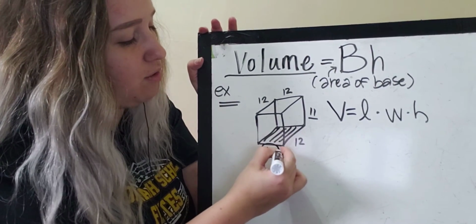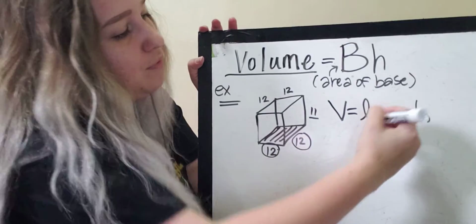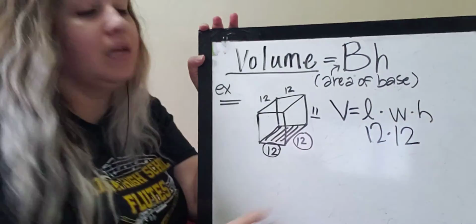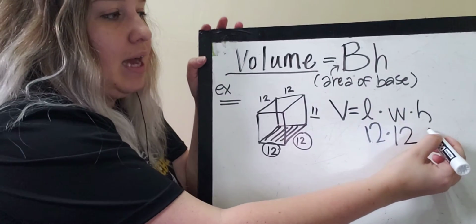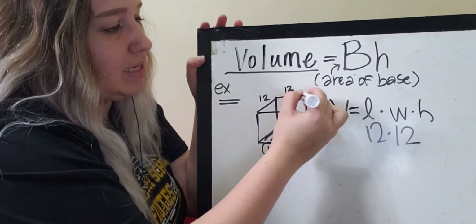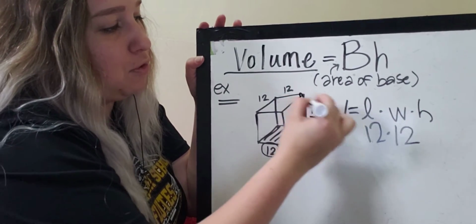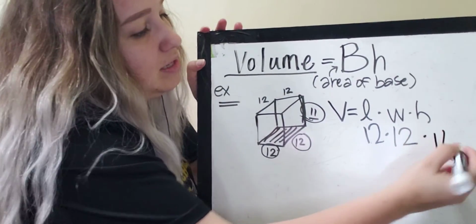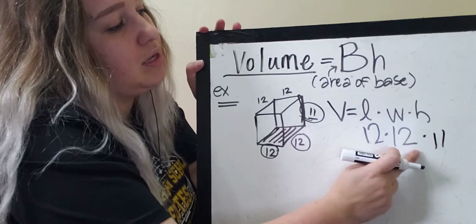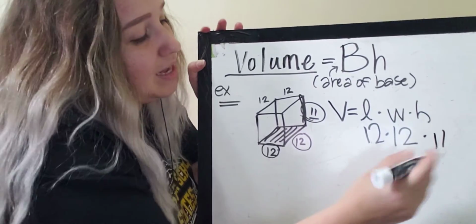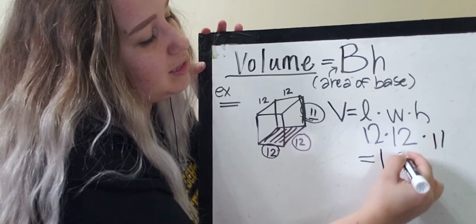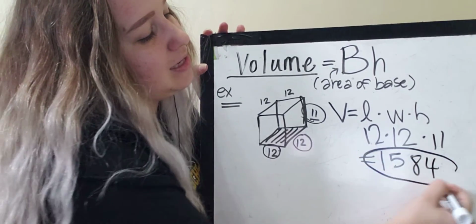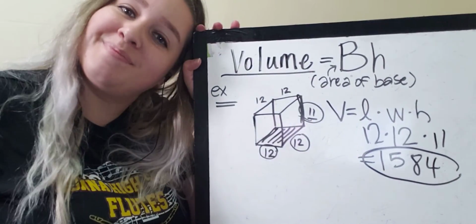So here's 12 and 12. 12 times 12. Now we need the last one, height. Well, height is our rogue number that's not the same, 11. When you multiply 12 times 12 times 11, you get 1,584, and that is your answer.